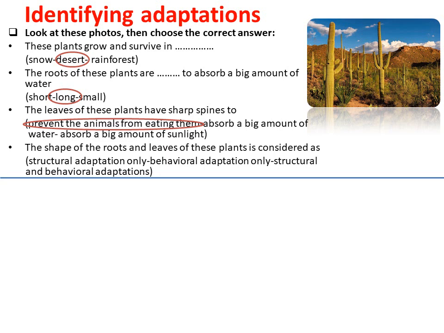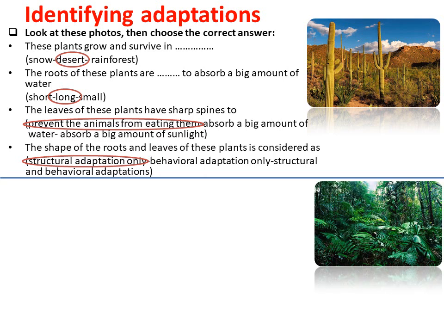Of course, they are structural adaptation only because they are found in the body of the plant. So this is a part of the plant body, so it's a structural adaptation. It's nothing to do with an action or behavior.